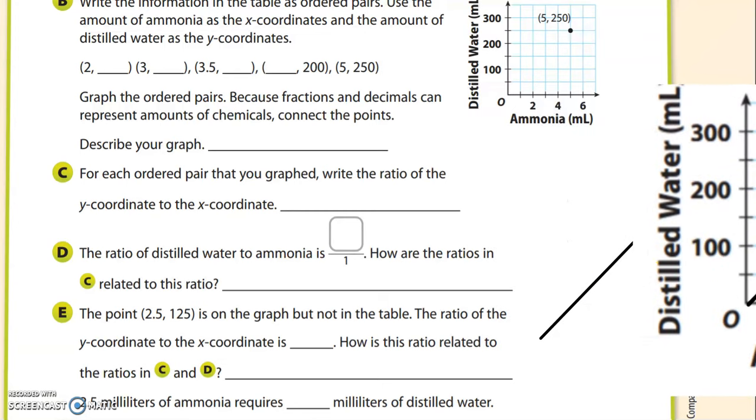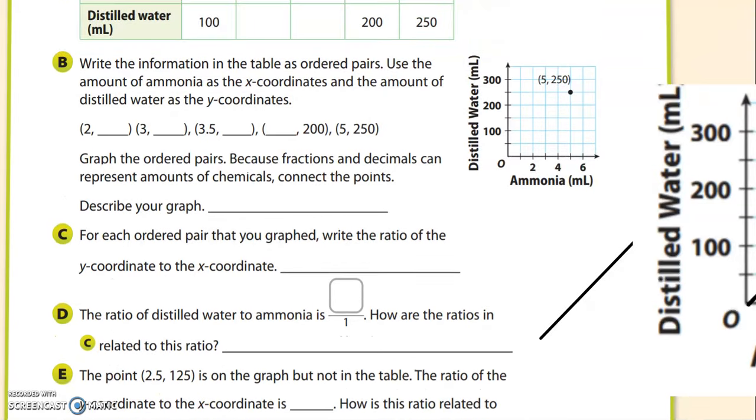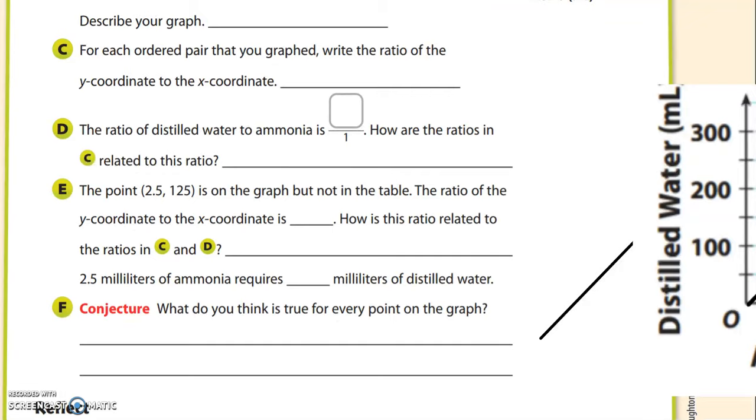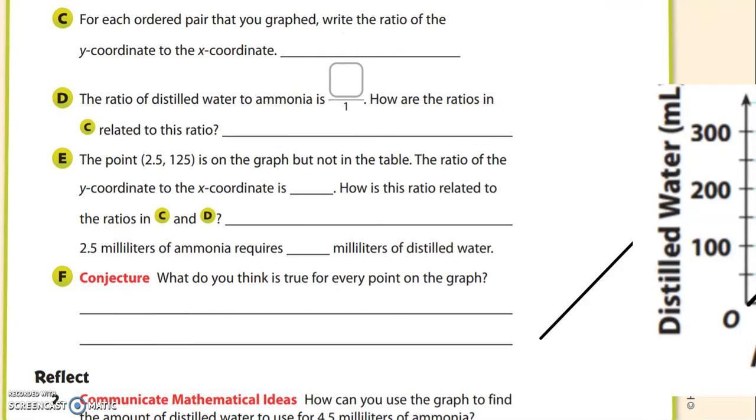So we're on question C. Question C reads, for each ordered pair that you graphed, write the ratio of the y coordinate to the x coordinate. This is pretty important. We're writing a ratio of the y to the x. So if you went up and looked at your table, the first pair was 2, 100.